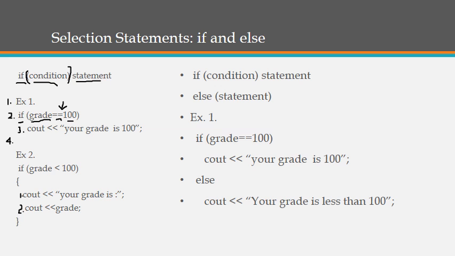Because there is more than one statement, we have to have the opening and closing curly brackets. If the condition was not met, the program would branch out of this section of code and execute the statement that is located after it.